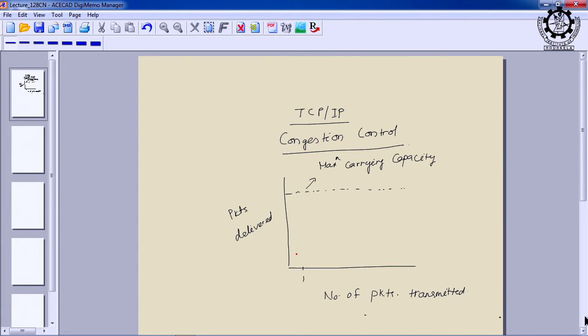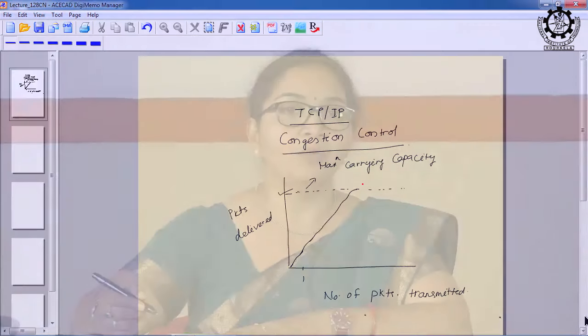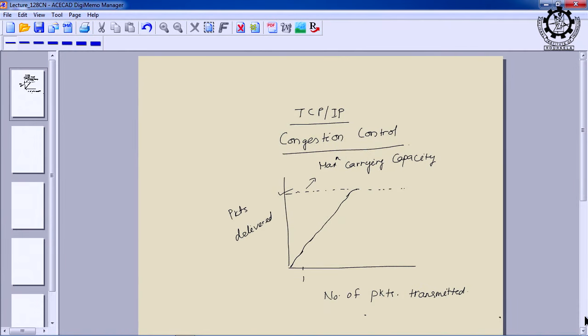Now, when the number of packets sent by the sender is less, definitely they will be delivered to the receiver because they are all below the carrying capacity. The ideal case is that till the carrying capacity they can be delivered, there will be no packet loss, right. And then after that, there may be a constant flow. This is the ideal case.